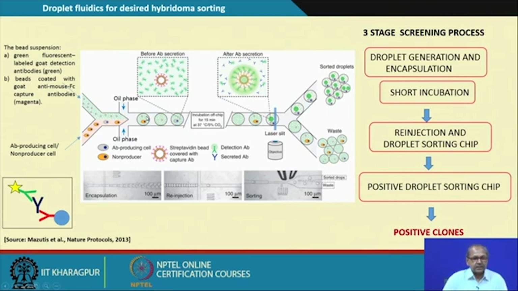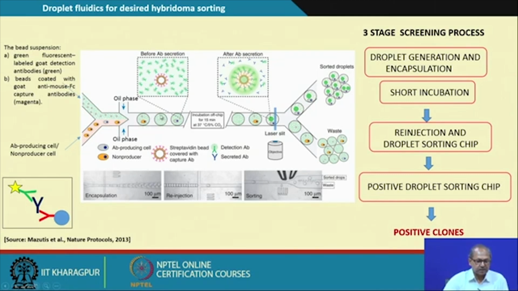So, these droplets are in such a size that you can capture only one cell along with beads. So, there is a probability of 3 types of droplets, oil phase encapsulated.